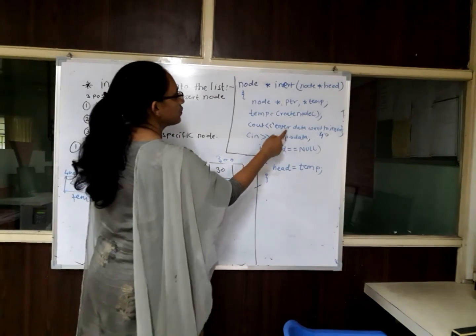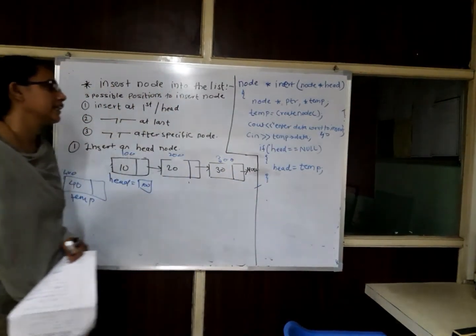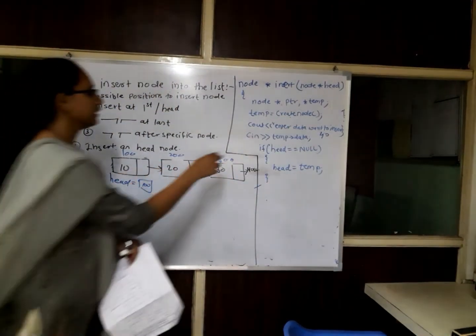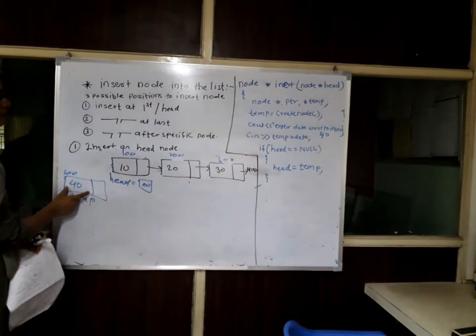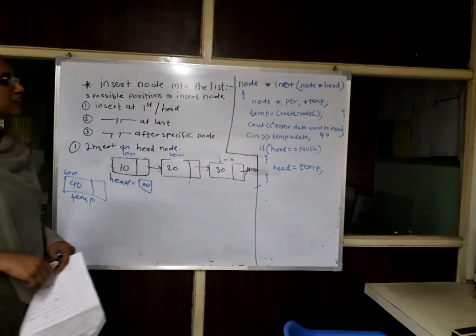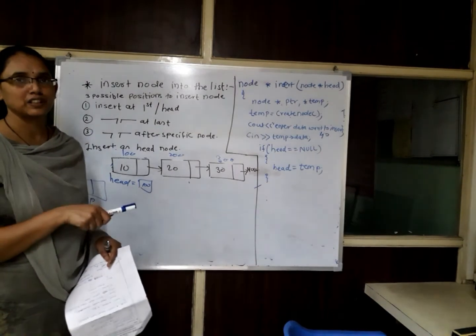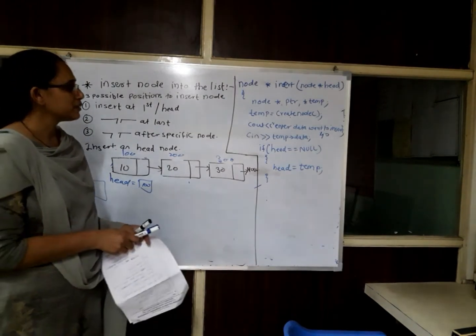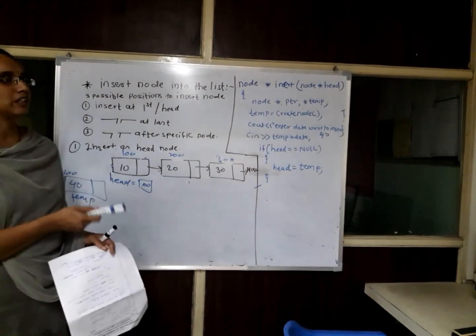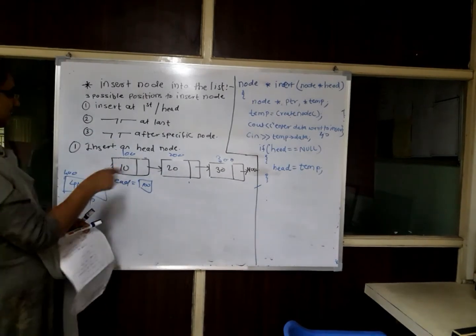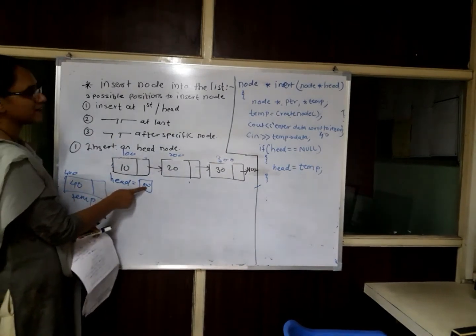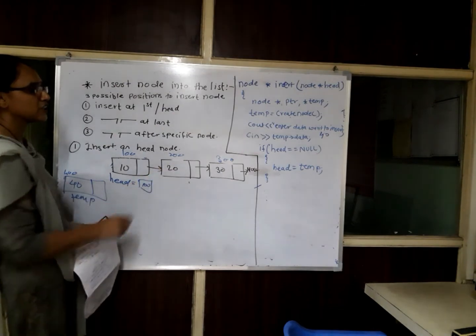So ask the user to insert the data, then store that data into temp of data. Now check whether the newly created node is the first node in the list, just by checking head is equal to null. In our case head is not null because head contains the value, so this condition is false.